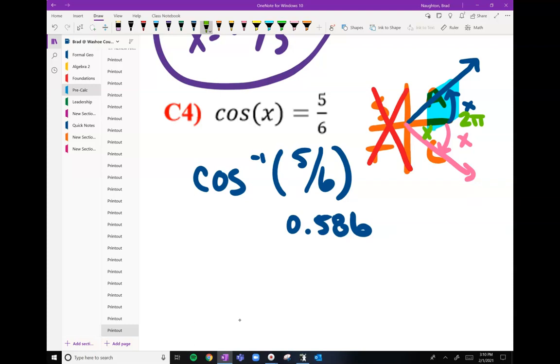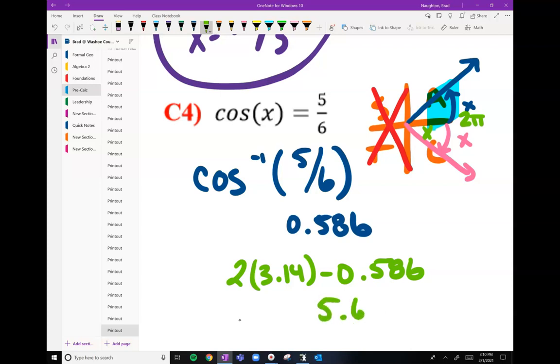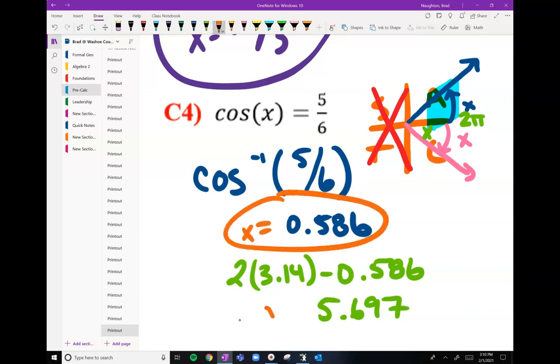It's basically 2 pi minus this. So 2 times 3.14, which is pi, minus 0.586 gives me what's left over, and that's going to be 5.697. So here are my two answers: the first one in the first quadrant, and then the second one in the fourth quadrant.